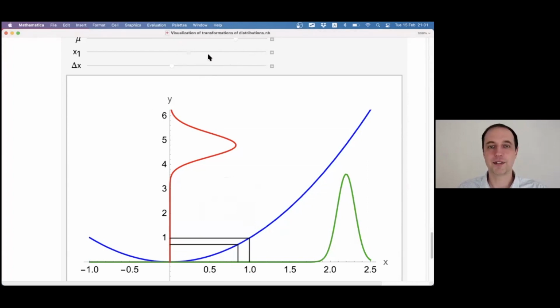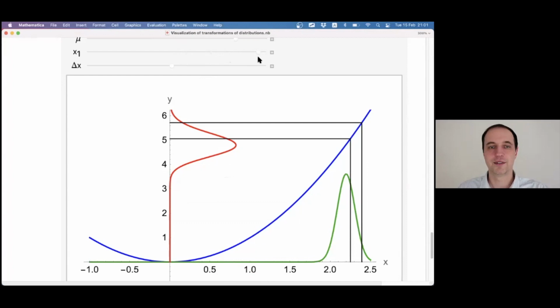If instead you have here a relatively long range of y's corresponding to your specified range of x's, then the possible values are going to get more spread out, and your probability density function is going to be smaller. So the probability gets more diluted.